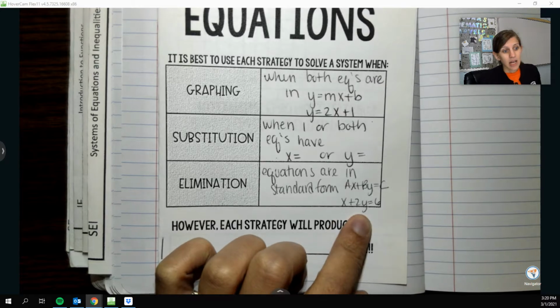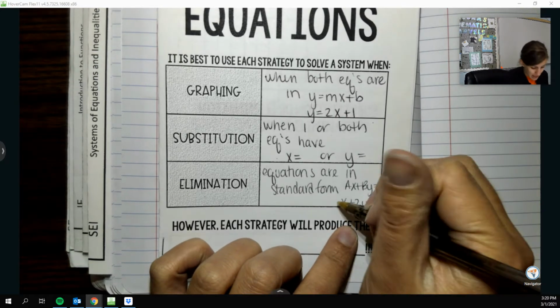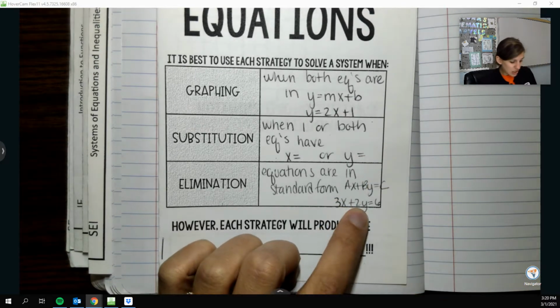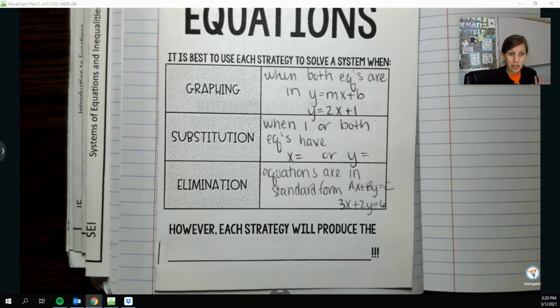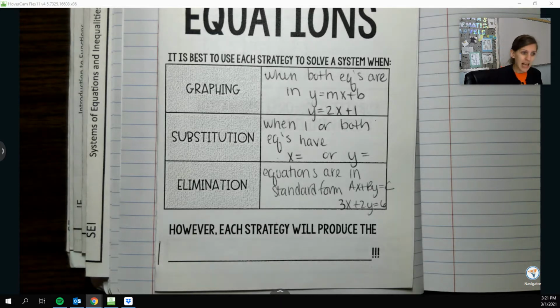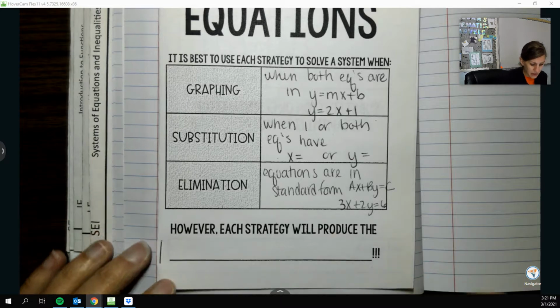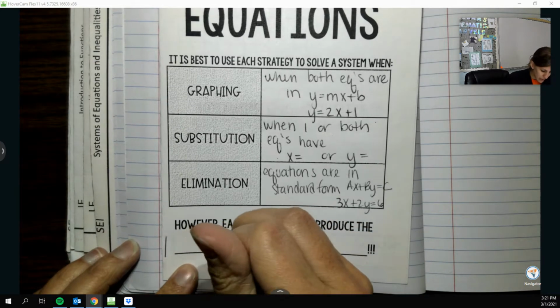And even better when there's like a 3 in front of that, because it's not so hard to get x by itself if it didn't have the 3 on it, but if all your letters have numbers on them, probably elimination is best. However, like I said, any way you go about it, you should always get the same solution.